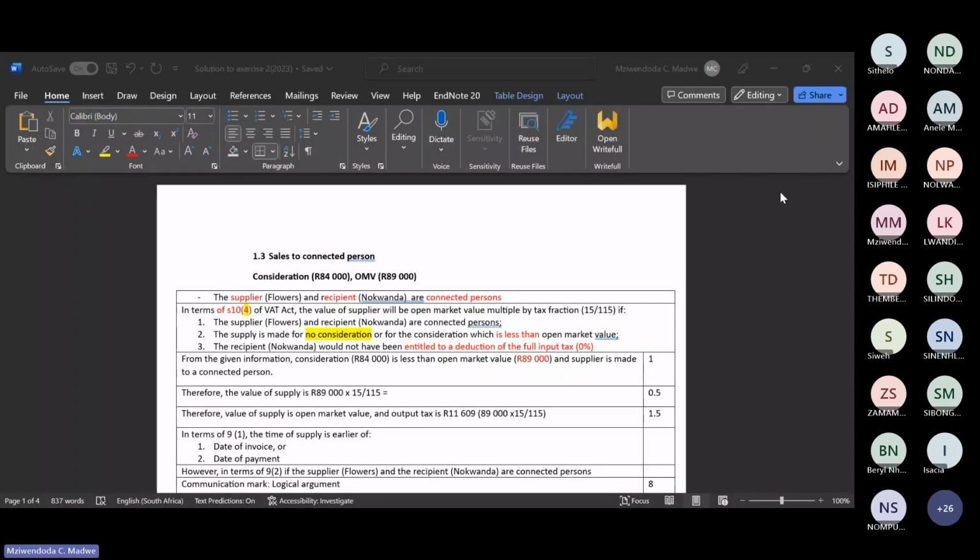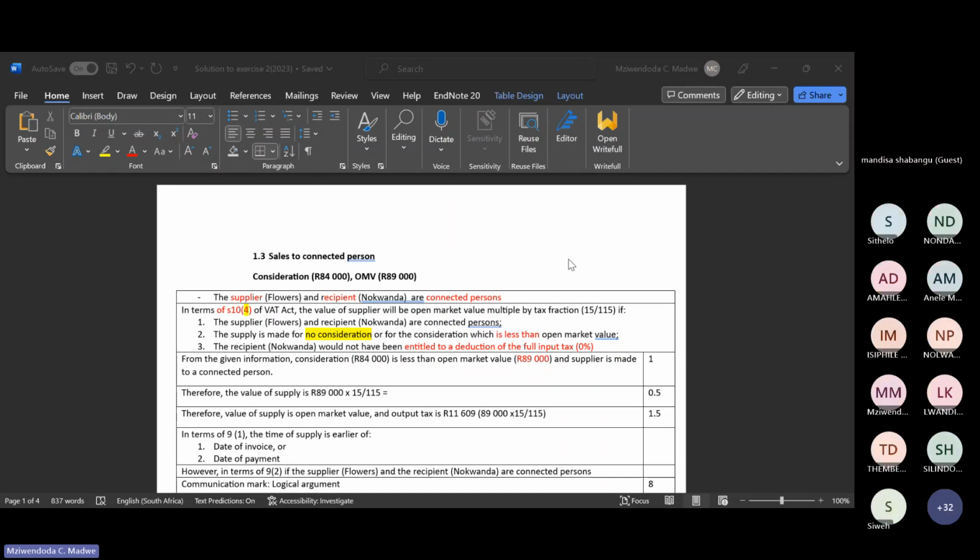In that case, we use the consideration, not the open market value. We use open market value only if we meet all these requirements. If Nogwanda is not meeting one of the requirements, we use the consideration. But if Nogwanda meets all these requirements as stated above, we use open market value.